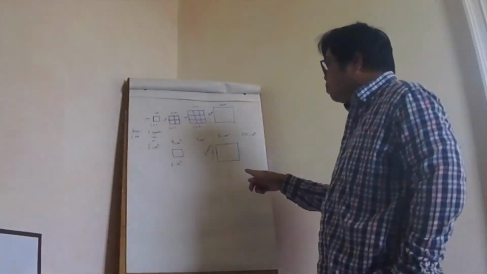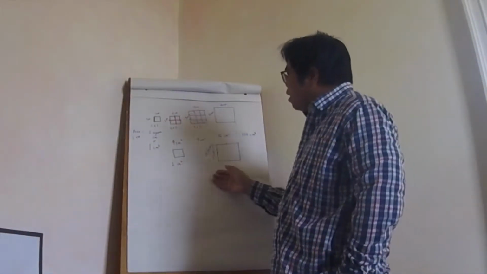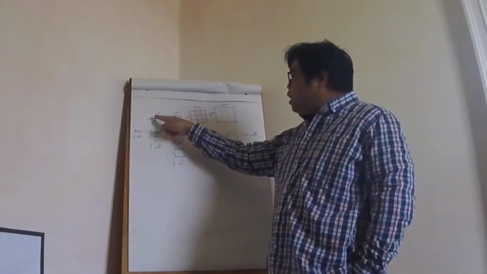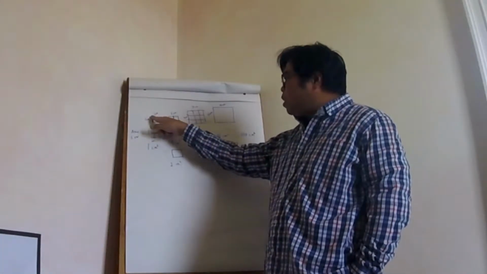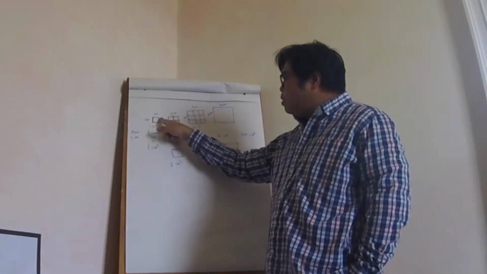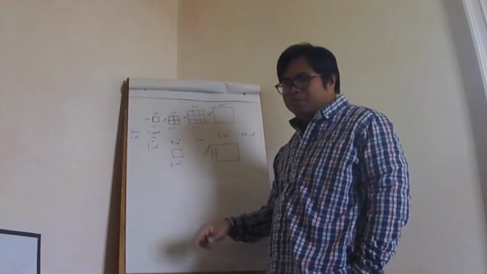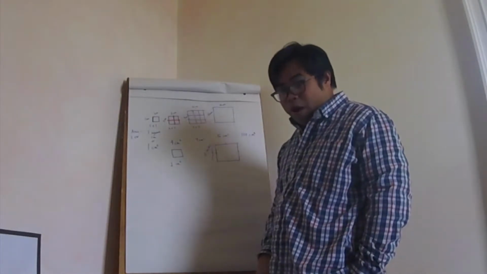So our next lesson is about the perimeter, the idea of the perimeter of a square, and later on we'll look at the perimeter of objects like the rectangle. Now in our drawings, if we count how many sides are in this square, there are four.